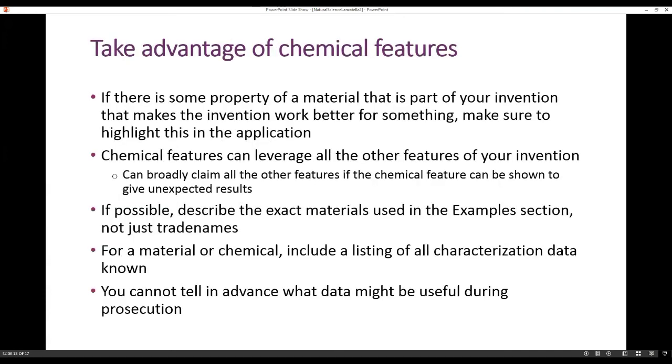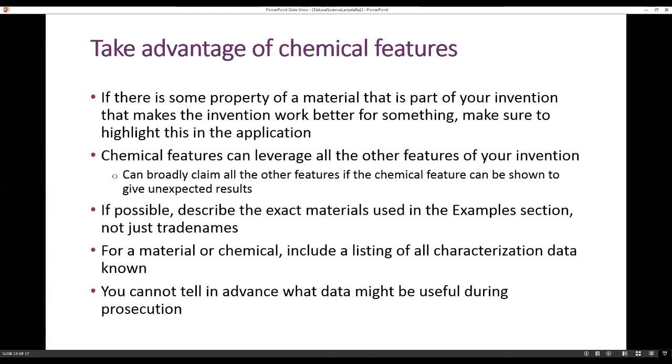So what does this mean? This means that when you have an invention that has any chemical feature in it, I think it's important to give yourself the maximum chance of the broadest claims possible to capitalize on that. And that means a couple things. Well, first of all, you need to recognize you have a chemical feature.